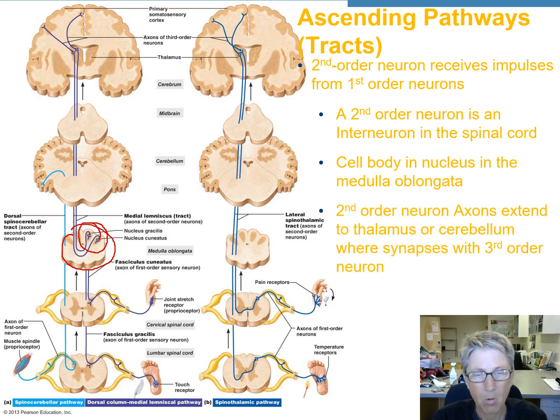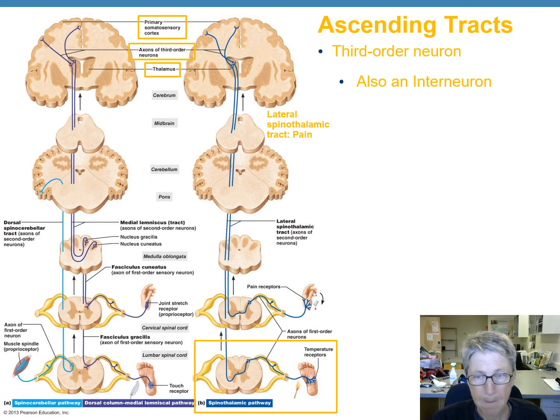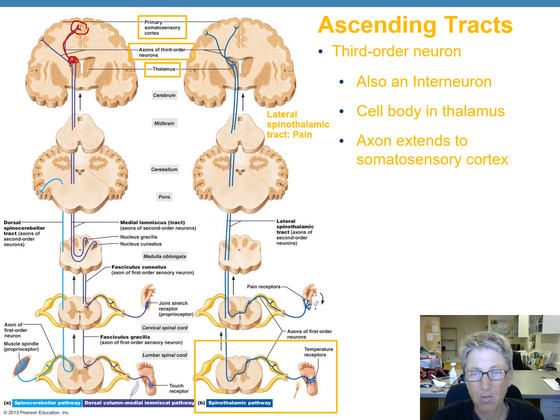And then the second order neuron axons go up to the hypothalamus. So on this cartoon, it's right here. Here's the hypothalamus. And then they'll connect with the third order neurons. Third order neuron is also an interneuron. The cell body of the third order neuron is right here. The axon of the third order neuron is here, and the axon terminal of the third order neuron is here, and it terminates in the sensory cortex.